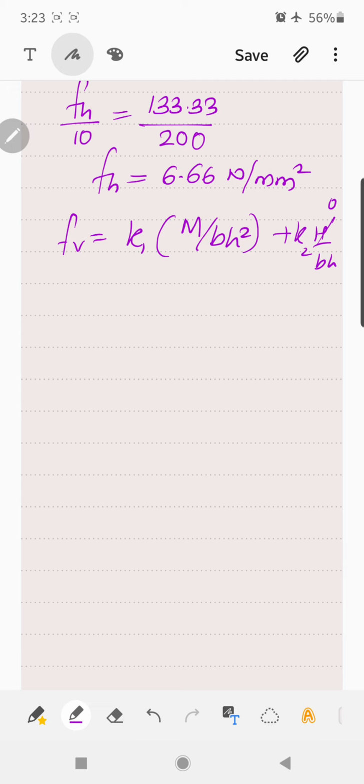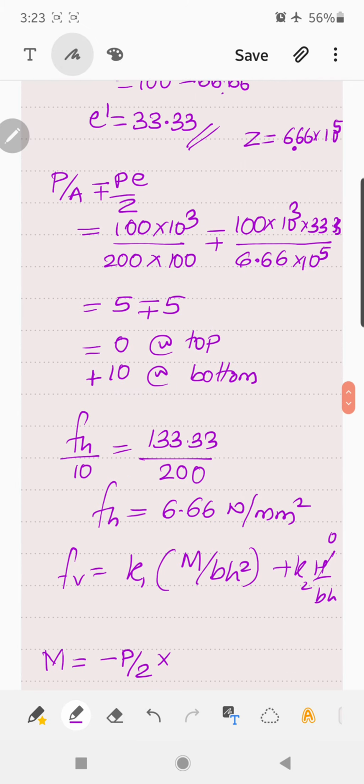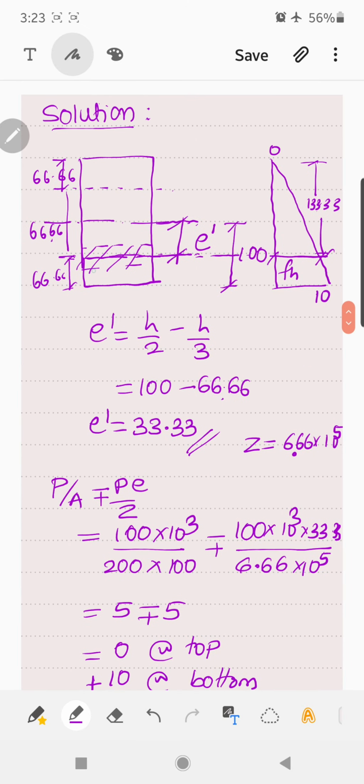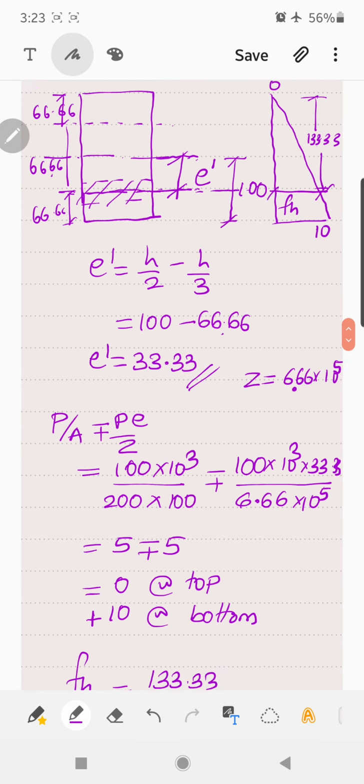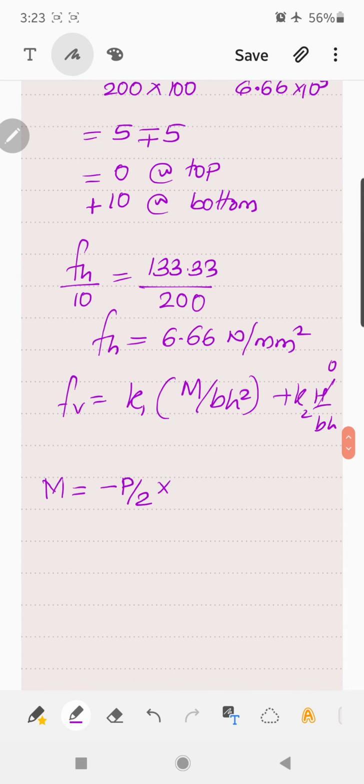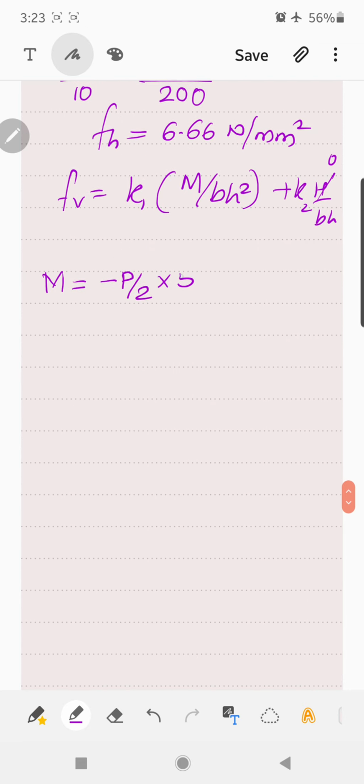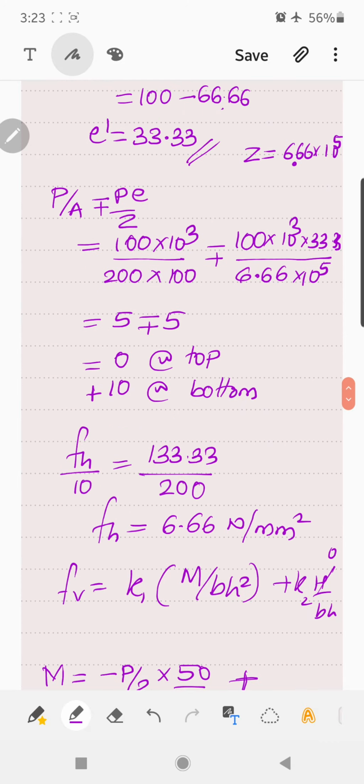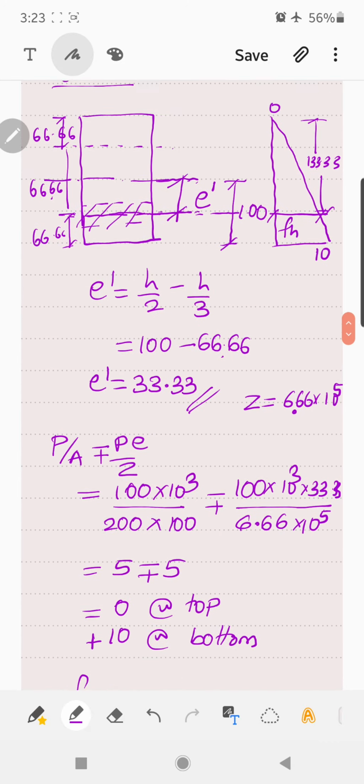Now we have to calculate the moment value. The moment is minus P by 2 into the depth of the section divided by 4. The depth of this section is 50 mm, 50 divided by 4, plus the moment due to the stress.